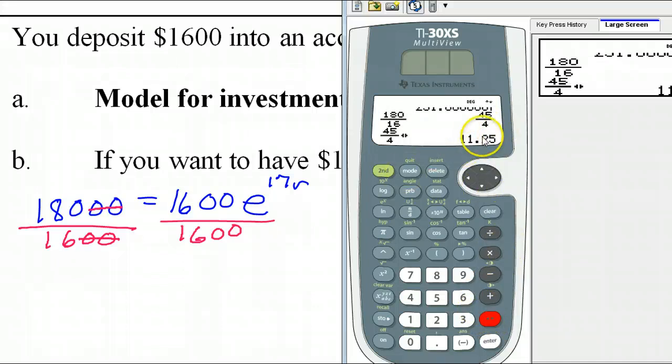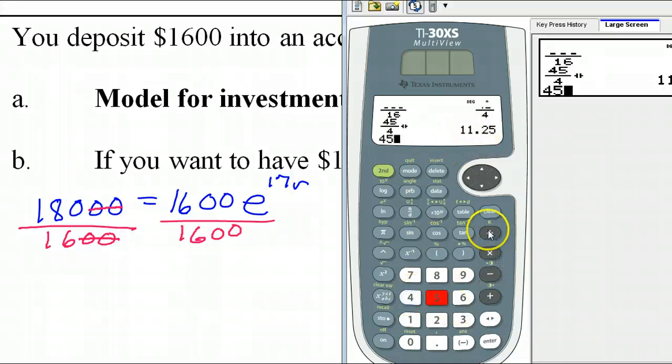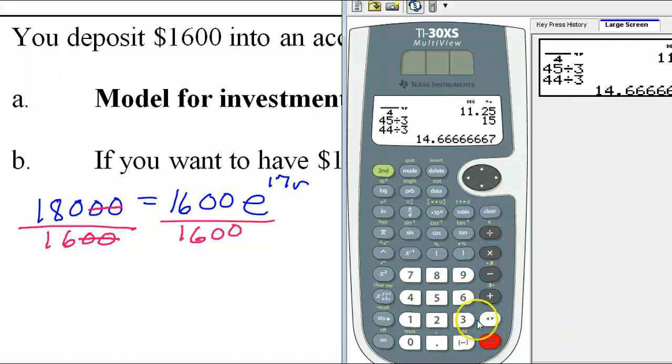So feel free to use the 11.25, but just make sure you don't round. If this had been 44 divided by 3, for example, you couldn't just go, let's do 14.67. You can't round in the middle of a problem. It throws your answer way off.